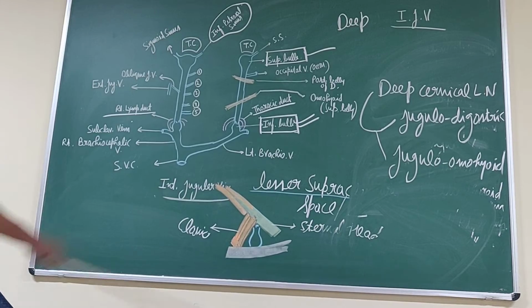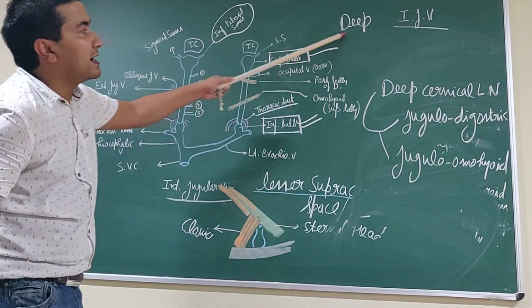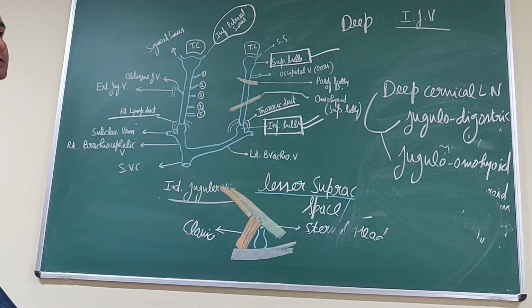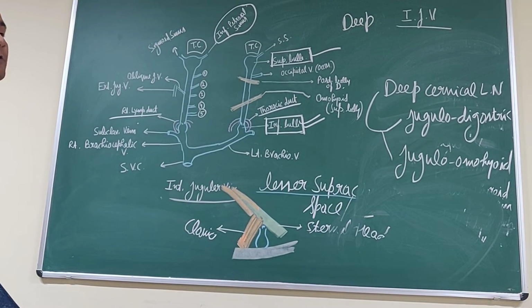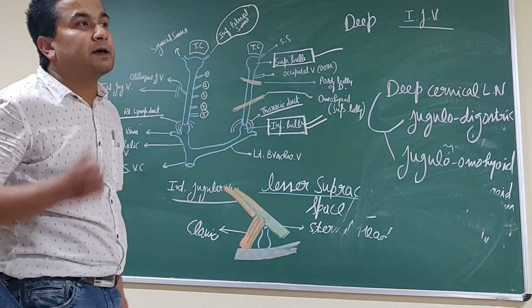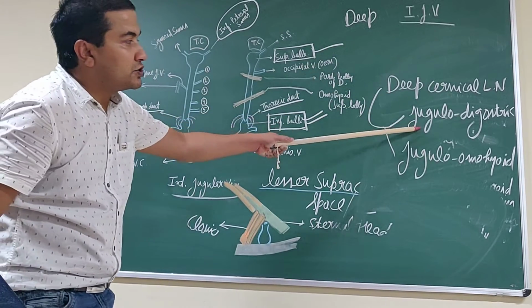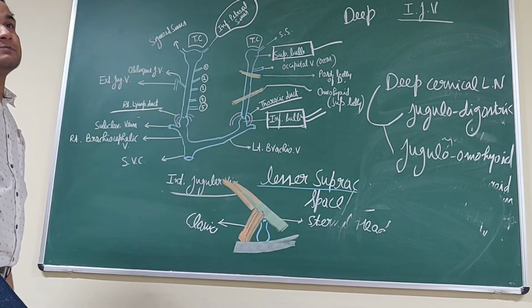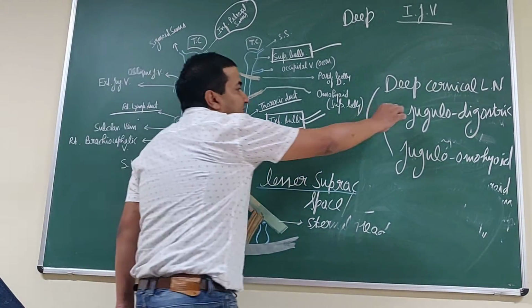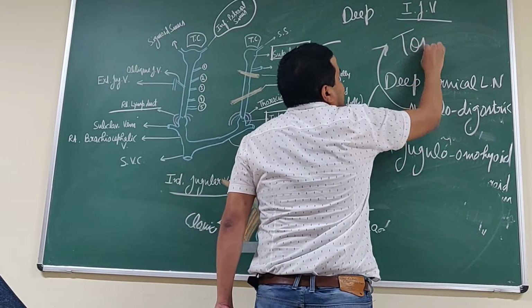These deep cervical lymph nodes receive the lymphatic drainage from the superficial lymphatics of the head and neck region, that is the submental, submandibular and suboccipital nodes. They ultimately drain into the jugulodigastric and jugulo-omohyoid lymph nodes. The jugulodigastric node is also known as the tonsillar lymph node.